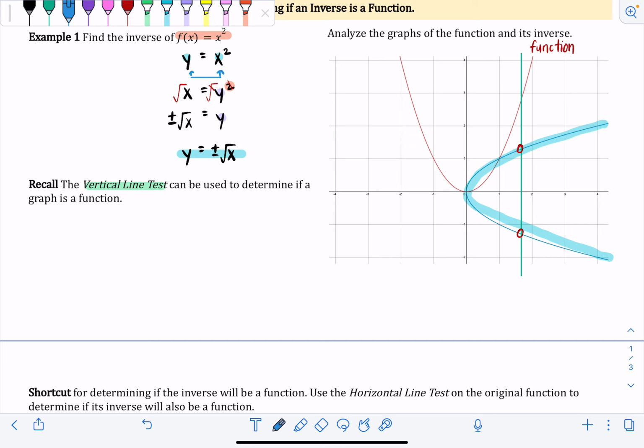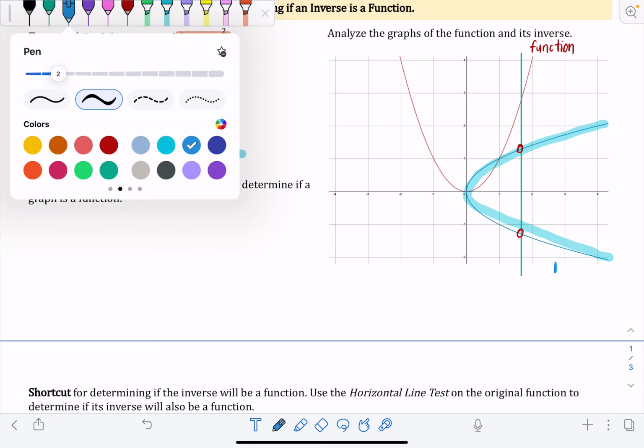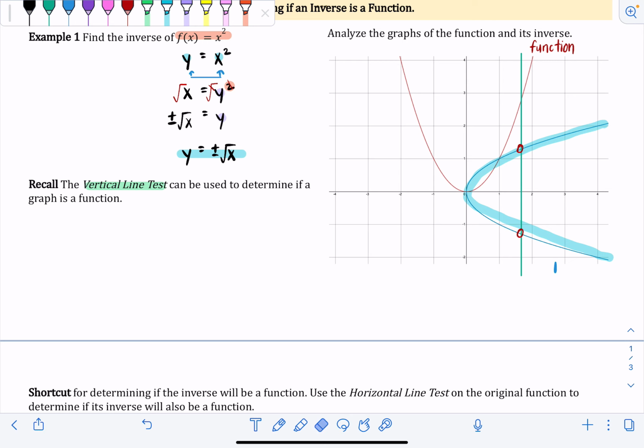So that means that our inverse is not a function because it fails the vertical line test. If it crosses at more than one point at one time, it fails the vertical line test. So we'll say inverse is not a function.